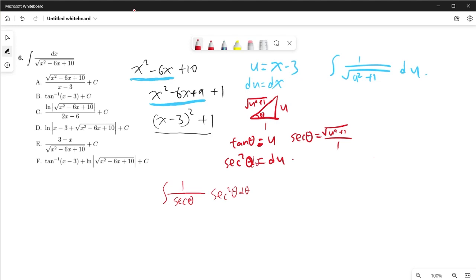Right, in that case, one of the secant squared and the secant will cancel out, which will leave just secant theta d theta.